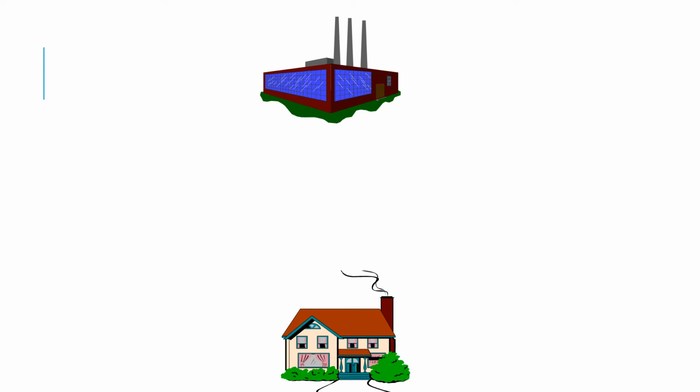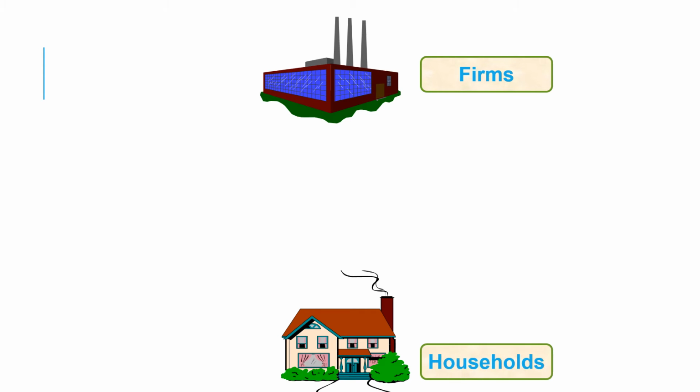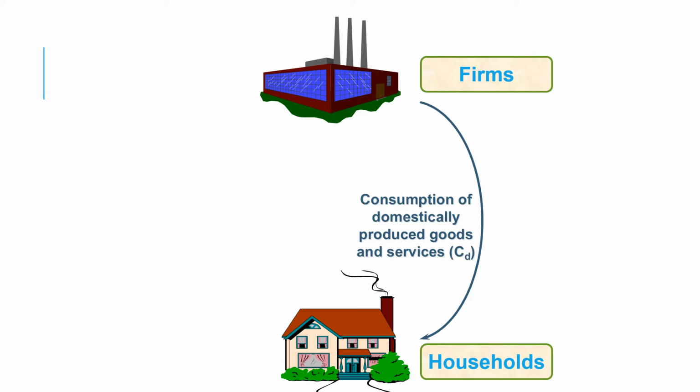So let's imagine a very simple economy in which we have firms who manufacture products for consumption by households. Okay, so our basic economic system involves firms making goods and services that are consumed, used by households.